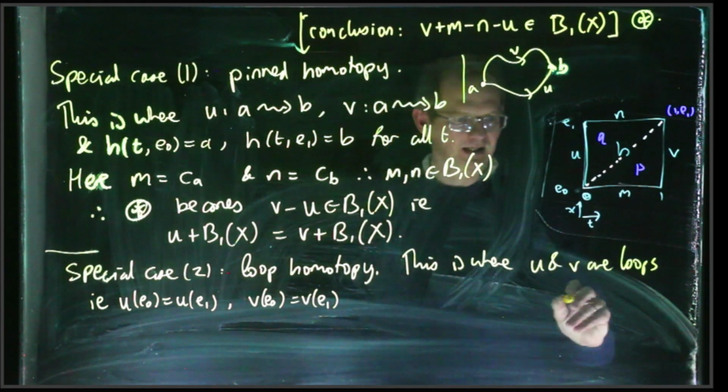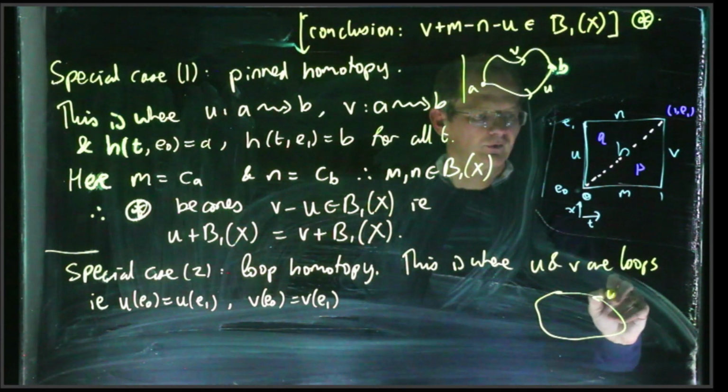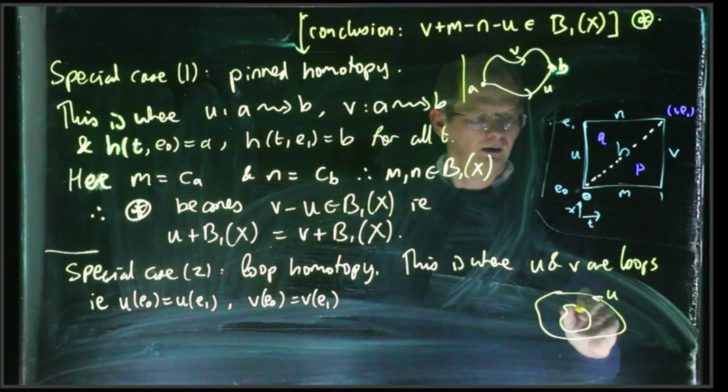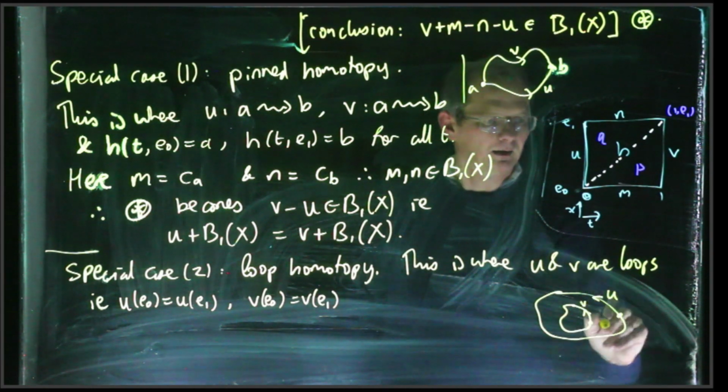So the kind of picture here is more like: here's U and here's V, and we deform it.